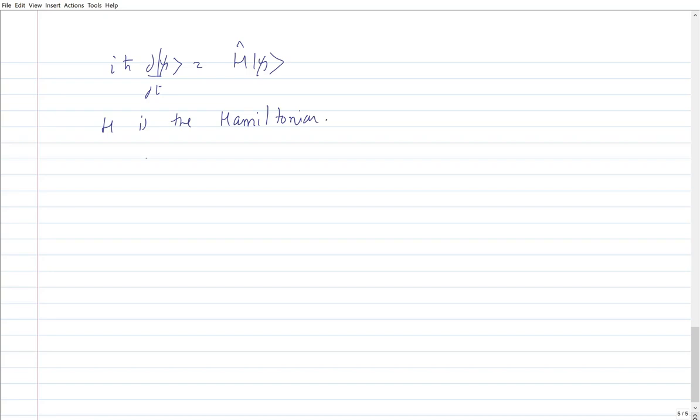In other words, the state vector at time t is equivalent to, I think I'm missing a minus sign somewhere, so you guys just fix it, the initial state vector acted on by a unitary evolution.